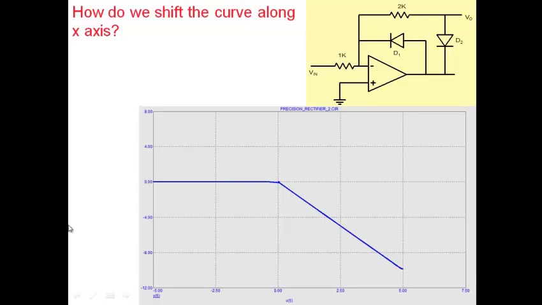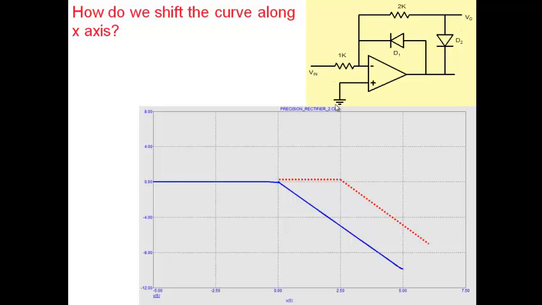Alright, so the issue then is, how do we shift the graph along the x-axis here? And one way that we can do is, for example, instead of having a ground here, we can attach a voltage here. If we attach a voltage at this particular point, note that this raises the value of this particular node here, and therefore it would raise the value of V0 over here.